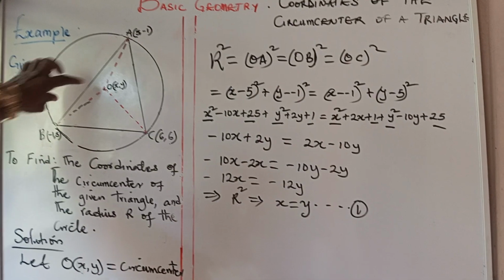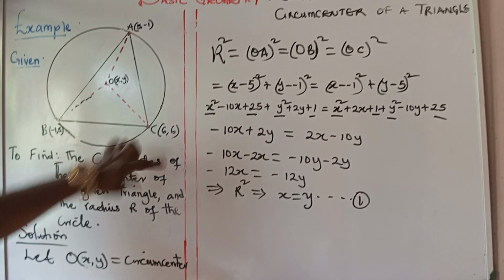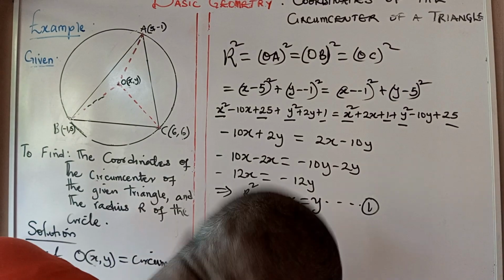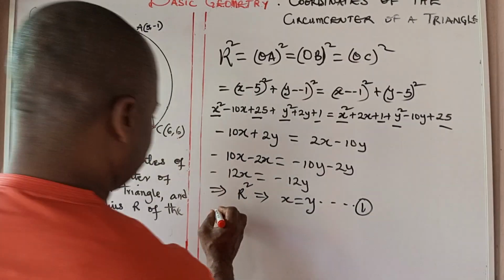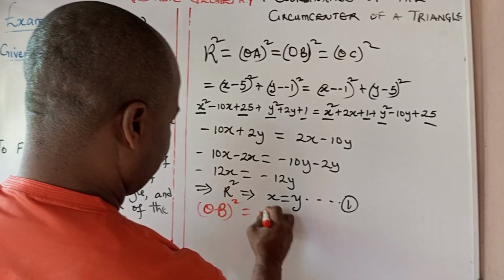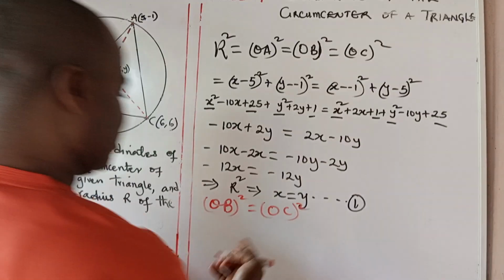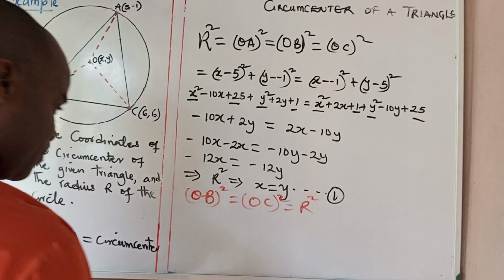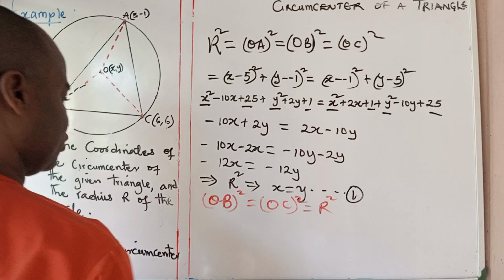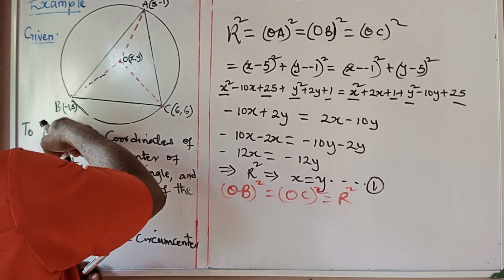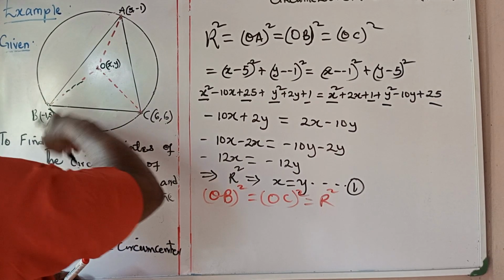Let us at this point also equate OB to OC and see what this will give us. So for OB is equal to OC, because this is the radius of the circle, using the distance between 2 points, we have x minus minus 1 plus y minus 5.